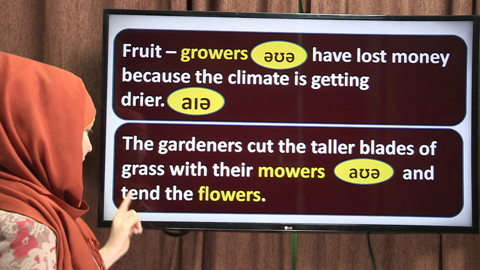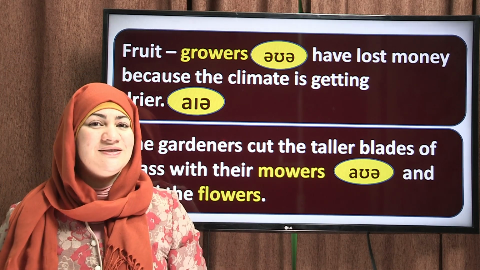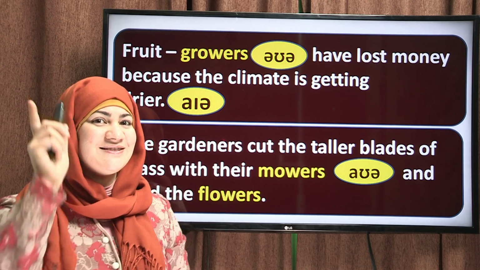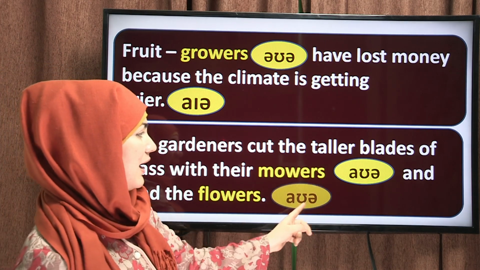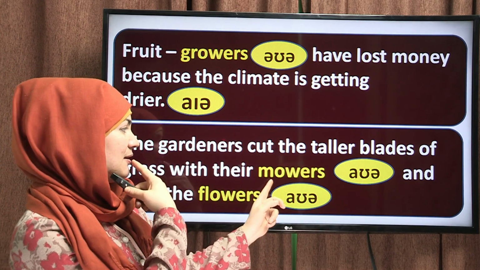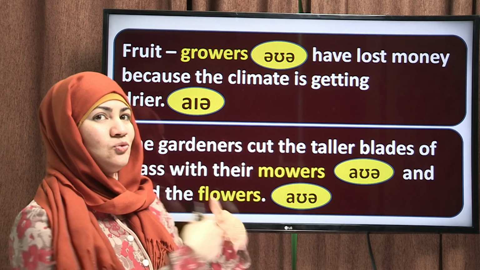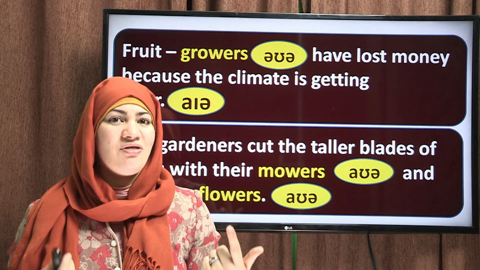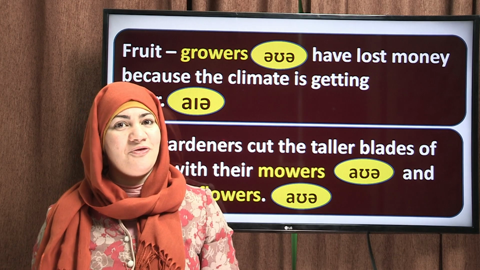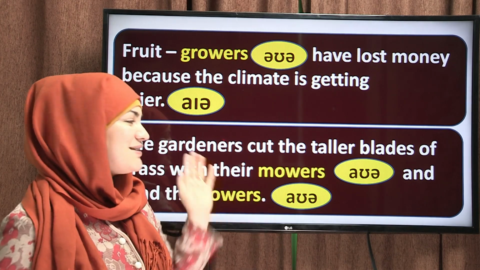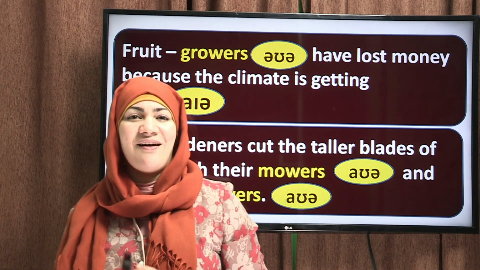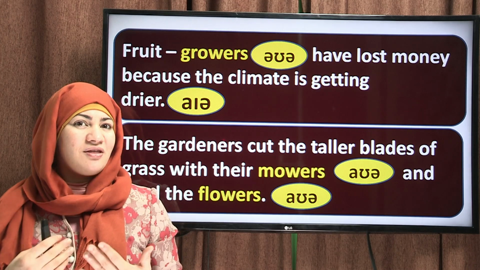Very nice. Tend the flowers. Yes, excellent. It is our. The same thing with mowers, flowers. Mowers, flowers. We can see that they have the same triphthong, the same pronunciation, the same ending, and of course the same spelling. So these are important points concerning triphthongs.